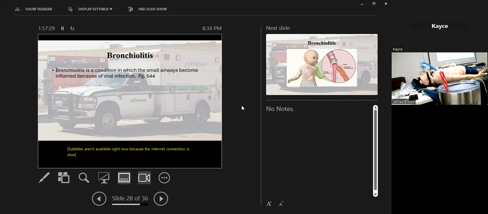This is your RSV, usually in younger kids, 5 and below. These can progress into needing to be hospitalized. Most of our pediatric patients that we have here in Douglas are usually RSV kids.